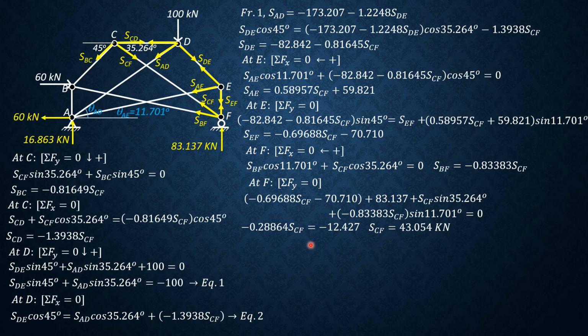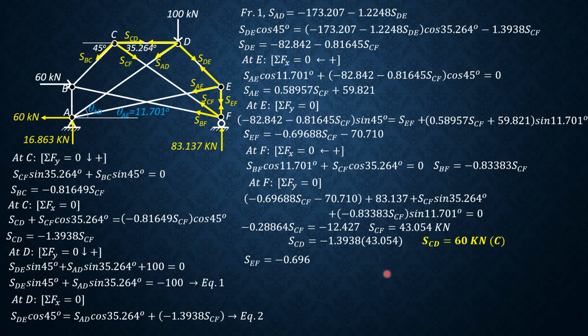Having found SCF, we can now compute SCD, SEF, but before that, let's proceed to joint B first. So SCD is negative 1.3938 of SCF, and SCF is 43.054, so it is equal to negative 60 kilonewtons, or SCD is 60 kilonewtons compression, just like our answer in the first method.